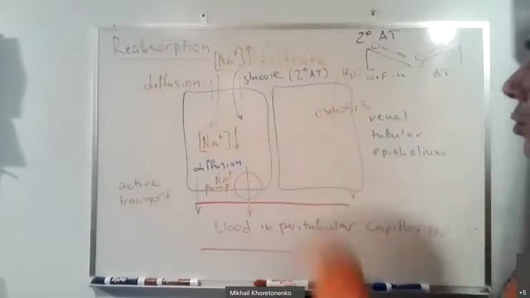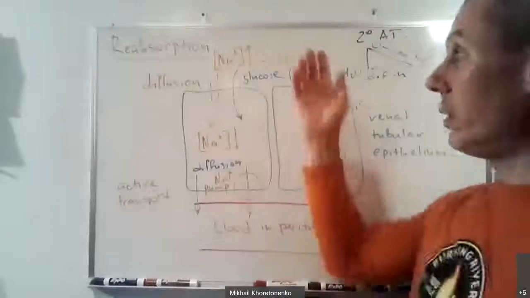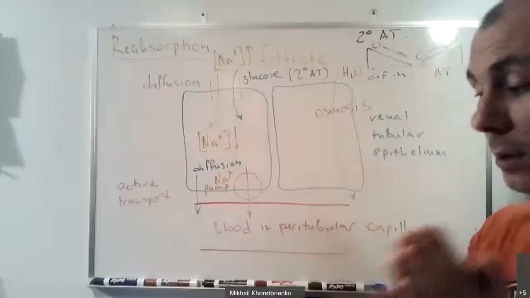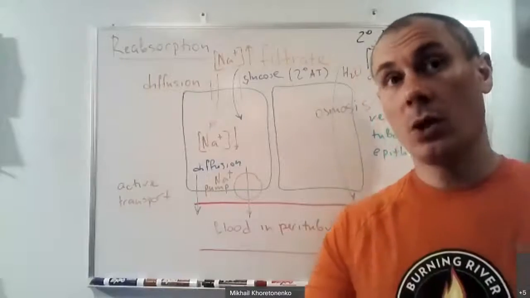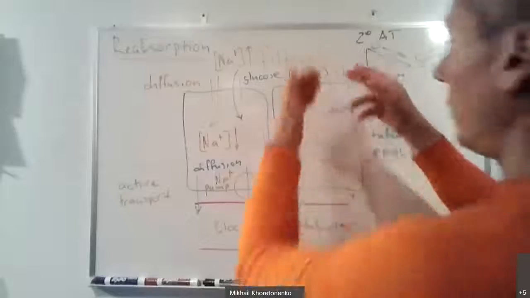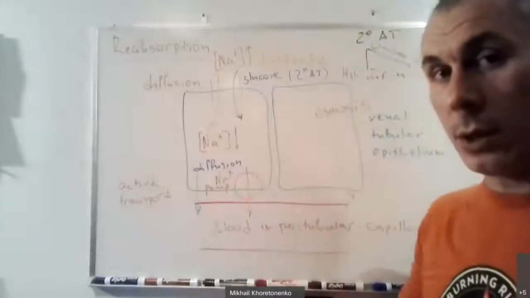When water is reabsorbed from the filtrate, the concentration of ions in the filtrate starts to increase. Let me say this statement one more time. When water is taken out of the filtrate into the blood, the filtrate concentration increases.